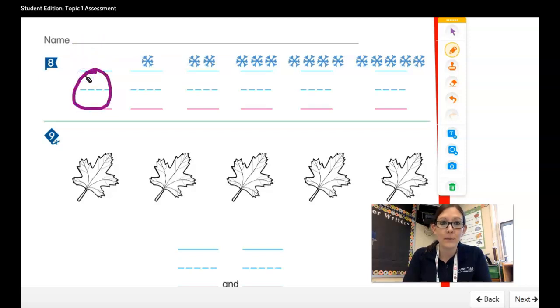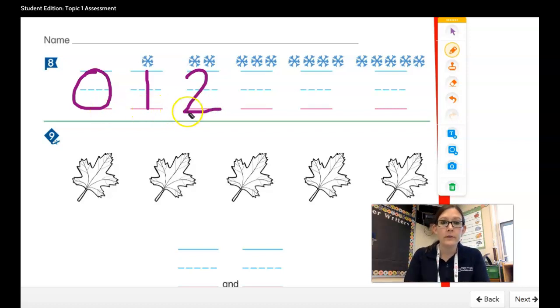So we're gonna write 0, 1, see, 1 snowflake there, so there goes the number 1. What number comes next when we count in order? 0, 1, 2. Let's write a 2. Round and back. Make sure your 2 is going the right way.